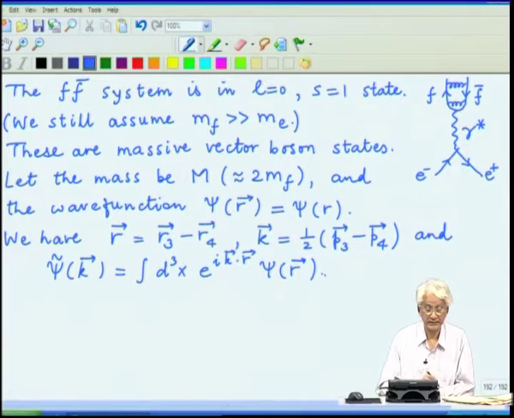So, this specifies the wave function, and we have assumed that it is a bound state of these two objects.